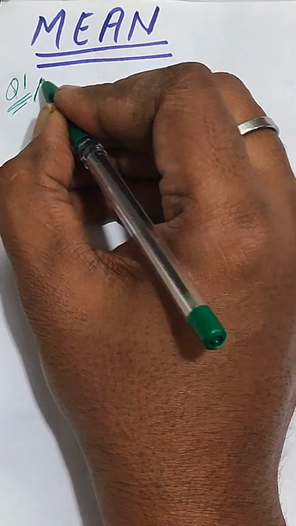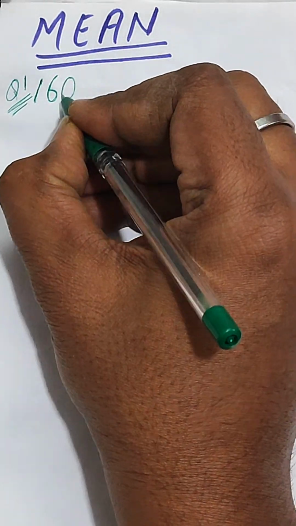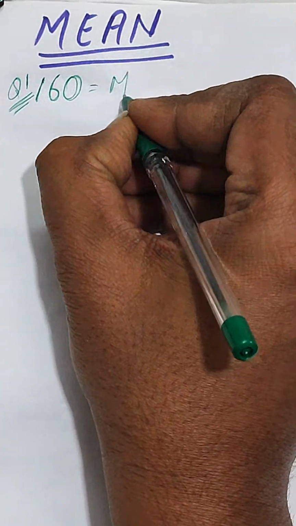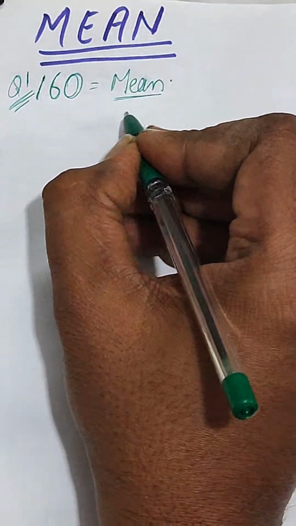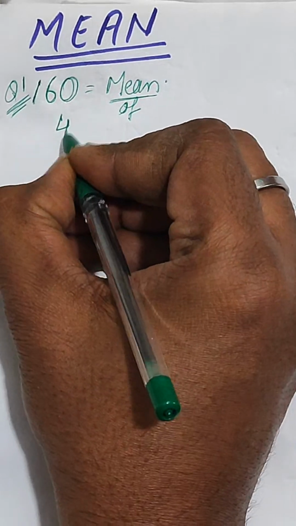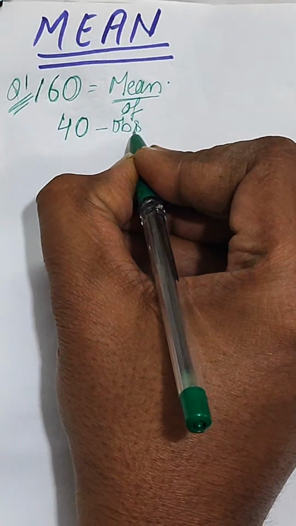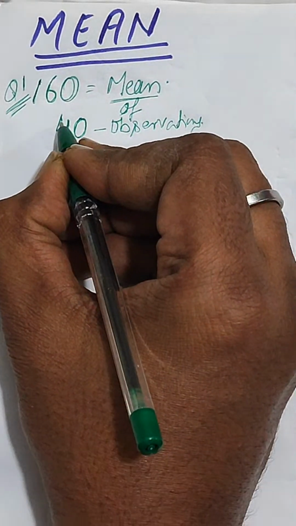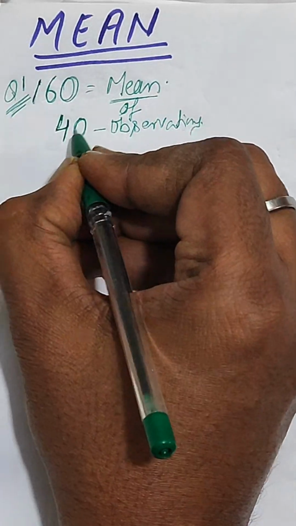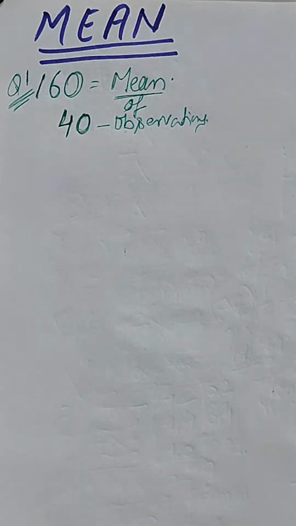So 160 is the mean for how many observations? 40 observations. That means in total 40 data points are available, and out of that the mean is 160, right?